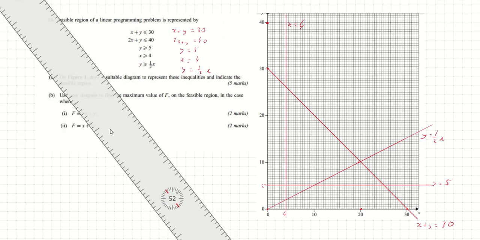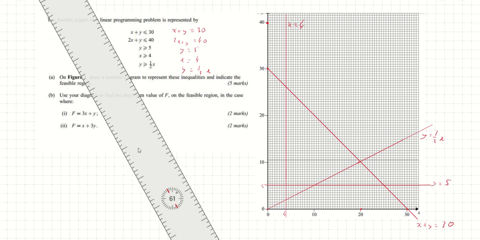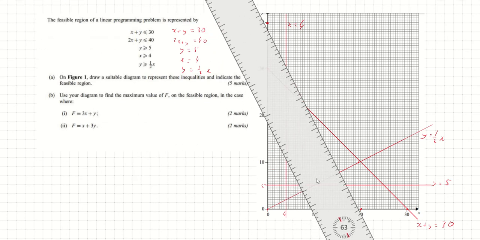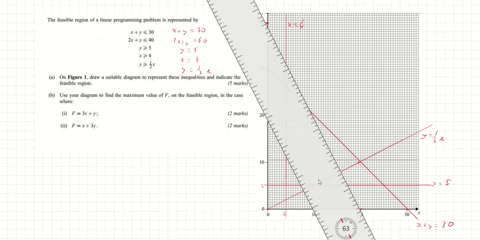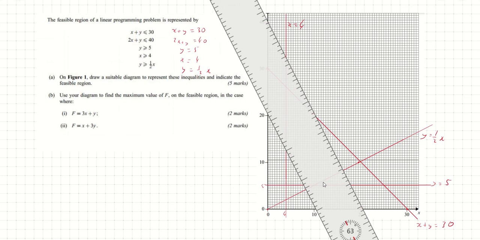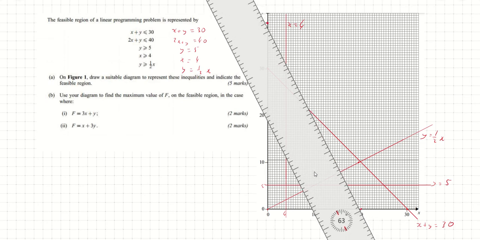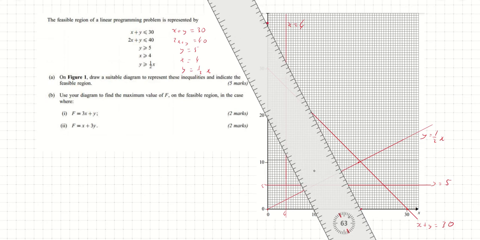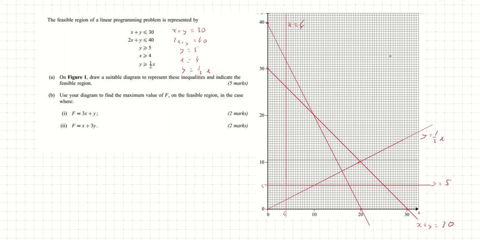I think it should be a line roughly like that. Okay, so it's approximately this line. Again, it's not perfect on the computer, but hopefully you get the idea. This is 2x plus y.